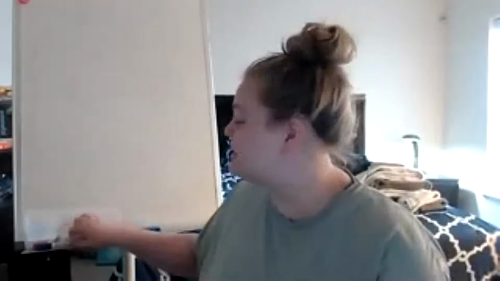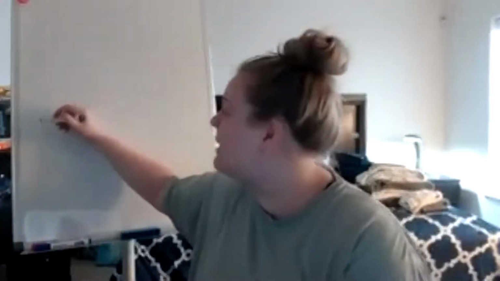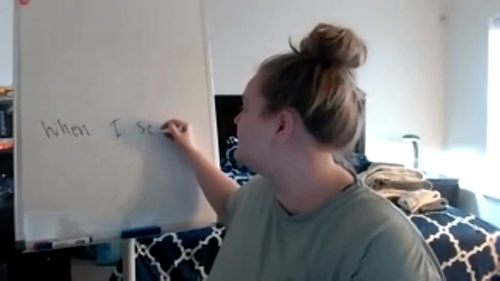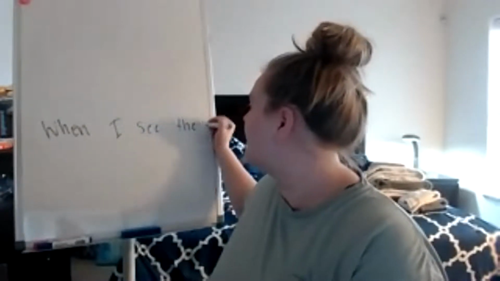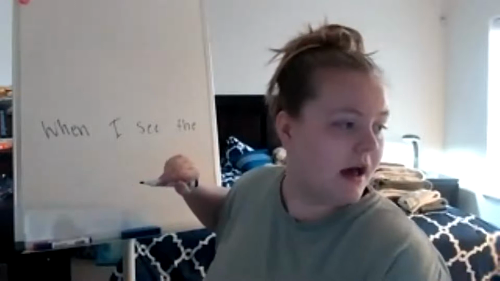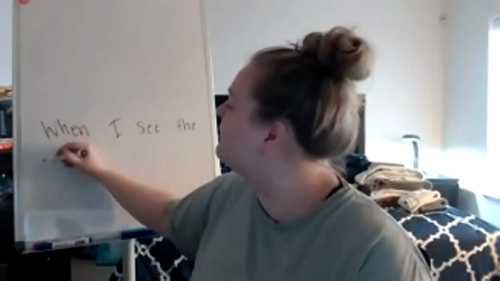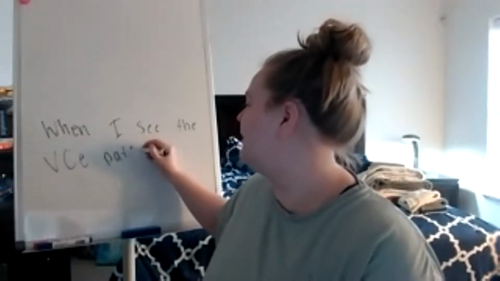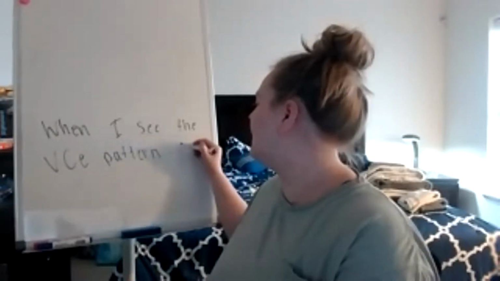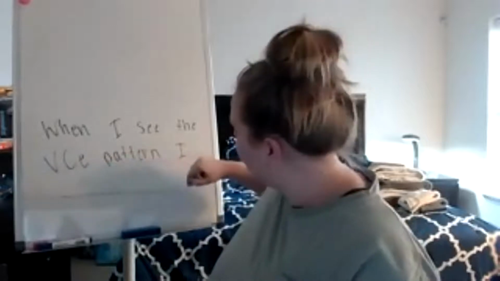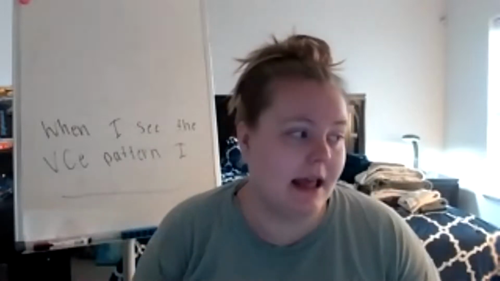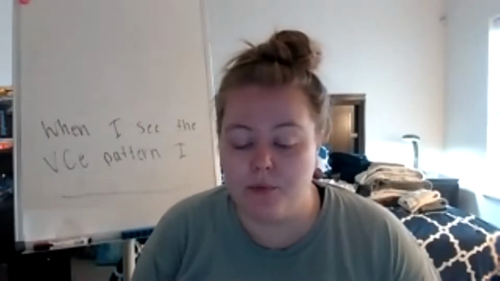So you're going to finish this sentence just like you have been the past couple of days. When I see the vowel, consonant, silent E pattern, what do you know?